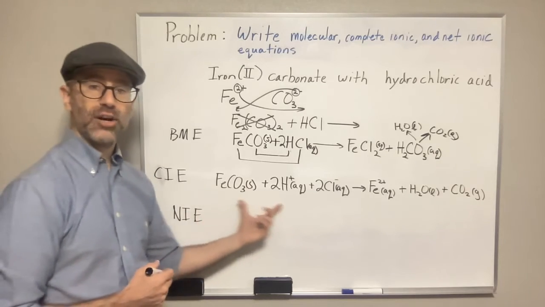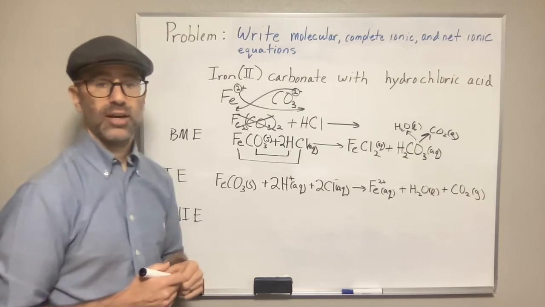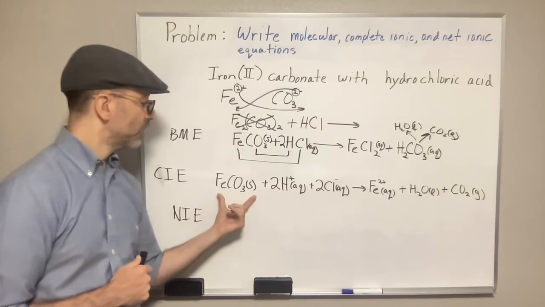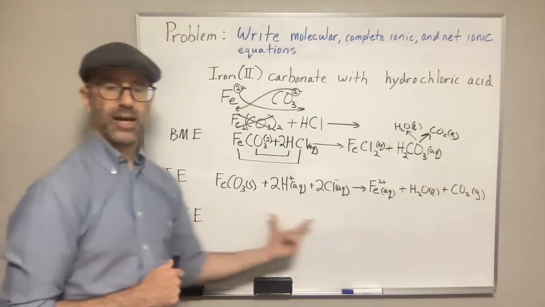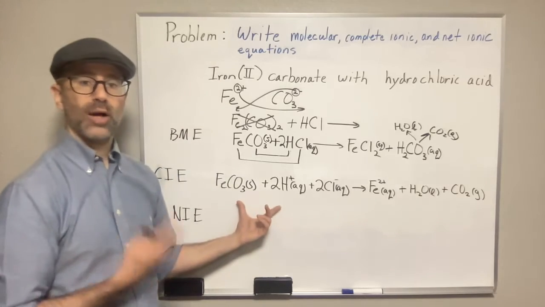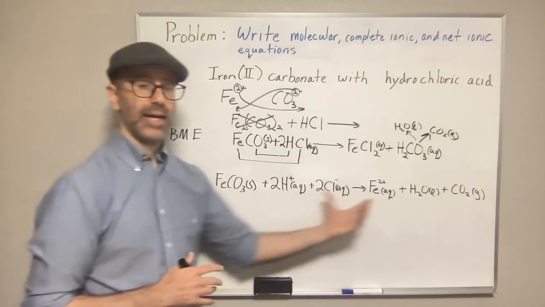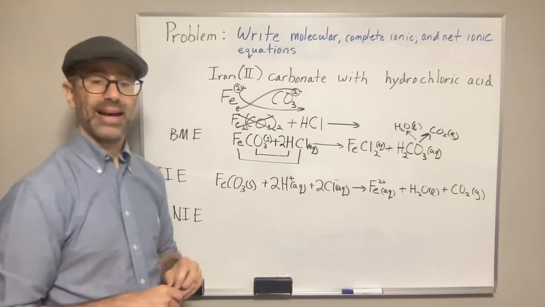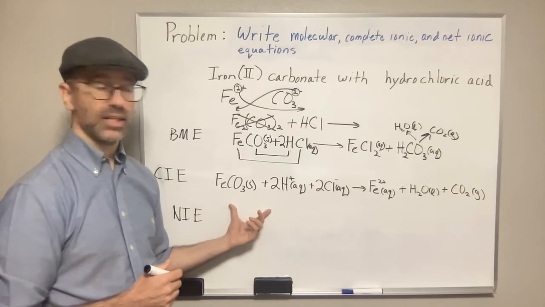If anything is not involved in any product making, then it's a spectator ion. The other way is to look at both sides of your arrow, the reactant side and the product side, and see what stays the same. If it doesn't change, then that is a spectator ion, and you can eliminate it from your complete ionic equation.